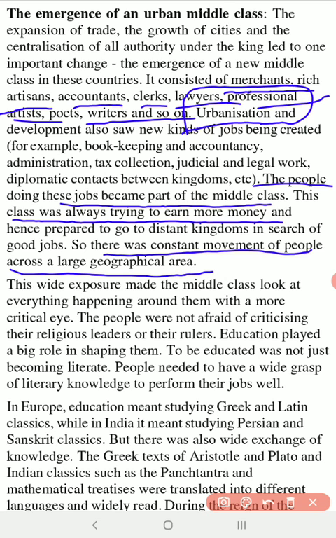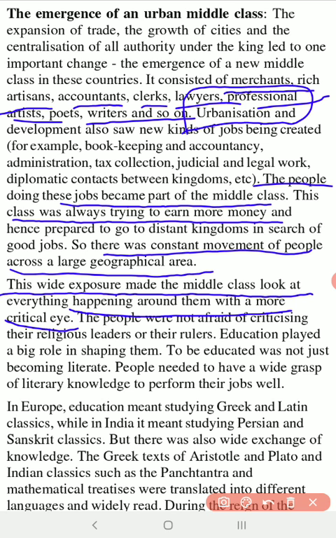And therefore this experience of moving from one place to another, this wide exposure, made the middle class look at everything that happens around them with a more critical eye. This is very, very important. When you travel from one place to another, when you journey a lot, you will have a different idea of the world. You will have a different idea of the society.